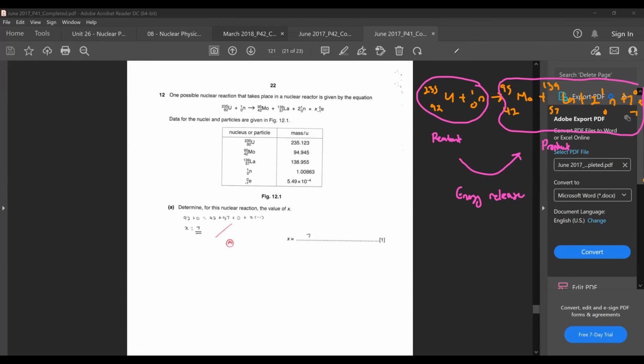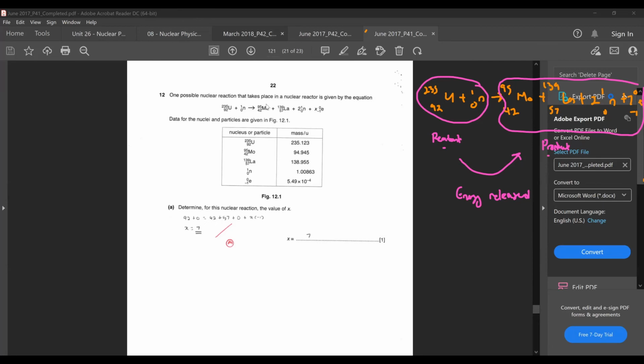We are interested in finding out the amount of energy that is released from the nuclear reaction. So we want to know when we went from the reactants to products, how much energy is released.